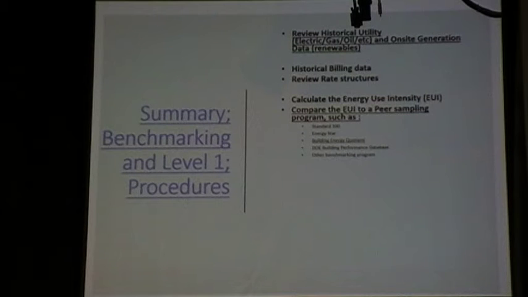You use that electrical, gas, and utility information and the square meter or square foot of the building, and you make that calculation, which we call energy use intensity. Then you compare that to a lot of the benchmarking programs that are already out there. In the U.S., we have Energy Star, we have Building EQ, we have some DOE stuff from the government, but there are a lot of different benchmarks out there that you can compare your building to. But that's what you've got to do starting at Level 1.